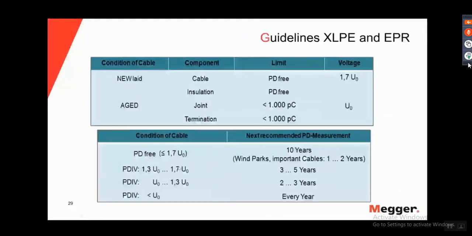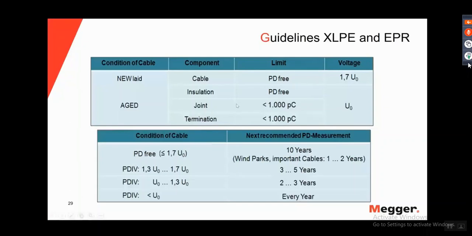We have some guidelines for the partial discharge test. For instance, here we see that for aged cables in this guideline, for a maintenance partial discharge test, the insulation must be PD-free. So in a maintenance test, we should have no partial discharge in the insulation of the cable. But for instance, in the splices, we can allow up to 1 picocoulomb, okay?